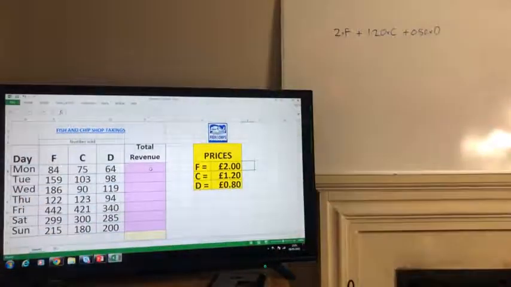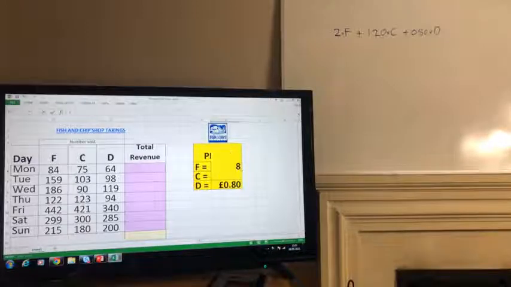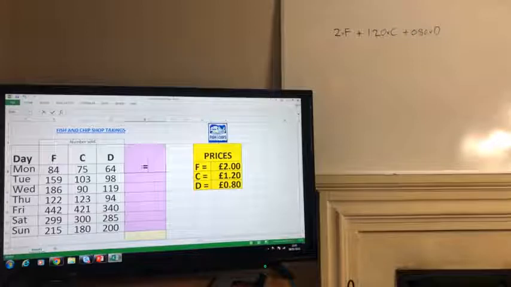So why is that important? I'm going to put this formula in and hopefully you'll see why we need algebra. Okay, so I'm going to tell this spreadsheet to do a formula. I'm going to say F times whatever F's I've sold.